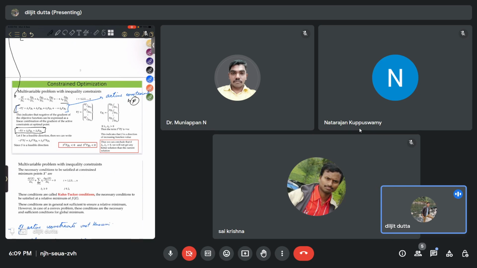I think the sir has taught in the class that if this is the planar solution, that is f of x, and there are two functions, that is g1 of x and g2 of x, and this is del g1, and this is perpendicular to the function, del g2, and we can take a direction s.